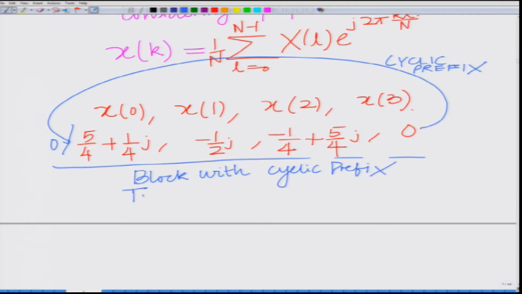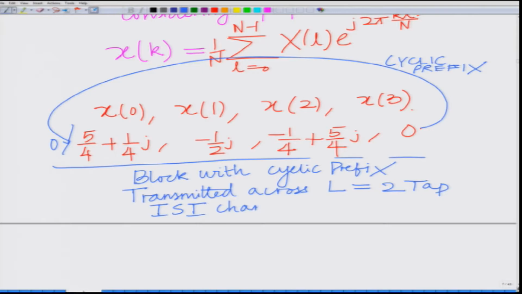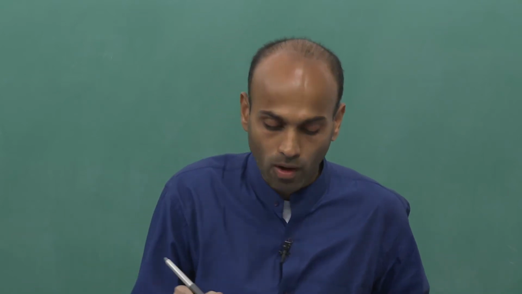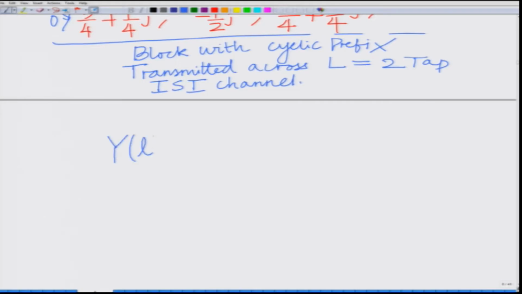This is transmitted across the channel, across our L equal to 2 tap intersymbol interference channel. And after the FFT at the receiver, remember at the receiver we perform the FFT, the received symbol or pilot output across the lth subcarrier is given as Yl equals Hl times Xl plus Vl.